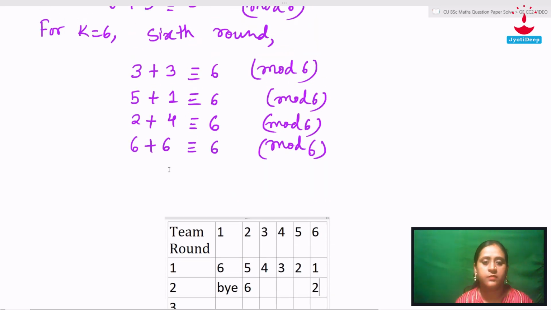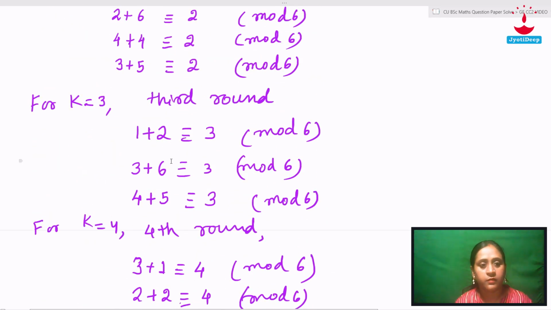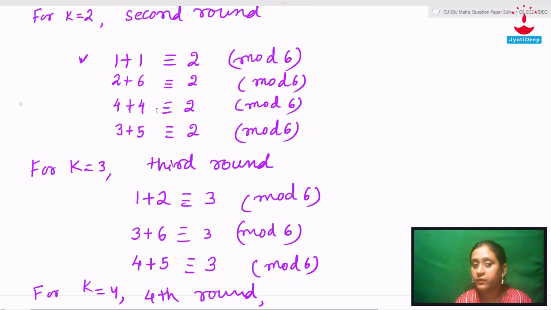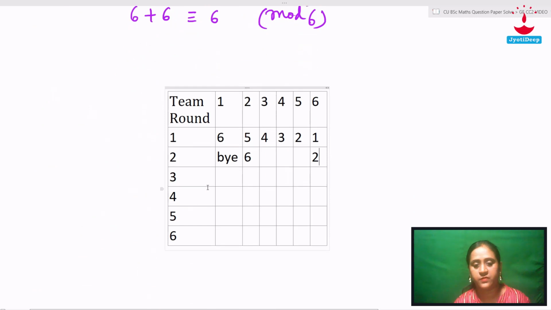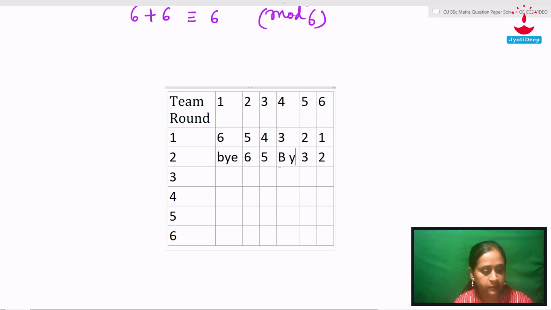Now 4 and 4, bye. Third is playing with fifth team. Oh no, this one is third. Third is playing with fifth team. Fifth is playing with third team. And 4 is a bye.